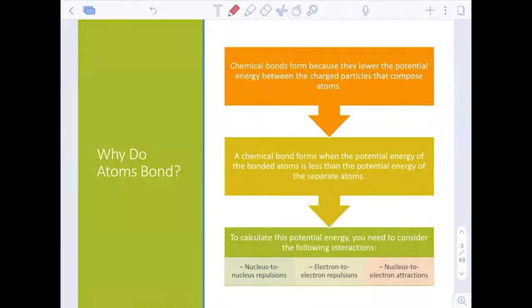Chemical bonds form when the potential energy of the bonded atoms is less than the potential energy of the separated atoms. So whether you're looking at a charged particle or whether you're looking at sharing of electrons, overall, making bonds lowers the energy of the atom or the molecule.